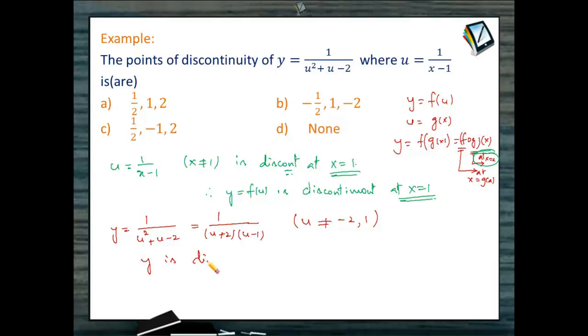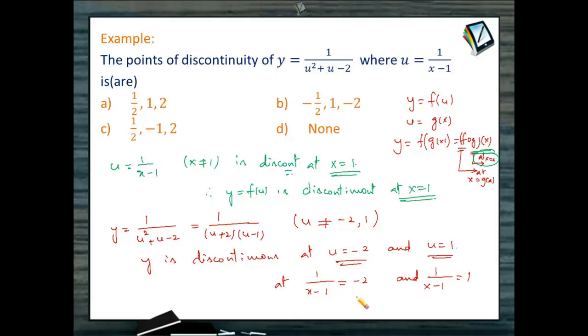Y is discontinuous at u is minus 2 and u is plus 1. But u is not the domain for us. For u, that is 1 by x minus 1, is equal to minus 2 and 1 by x minus 1 is plus 1. At these 2 points, the function y is discontinuous.